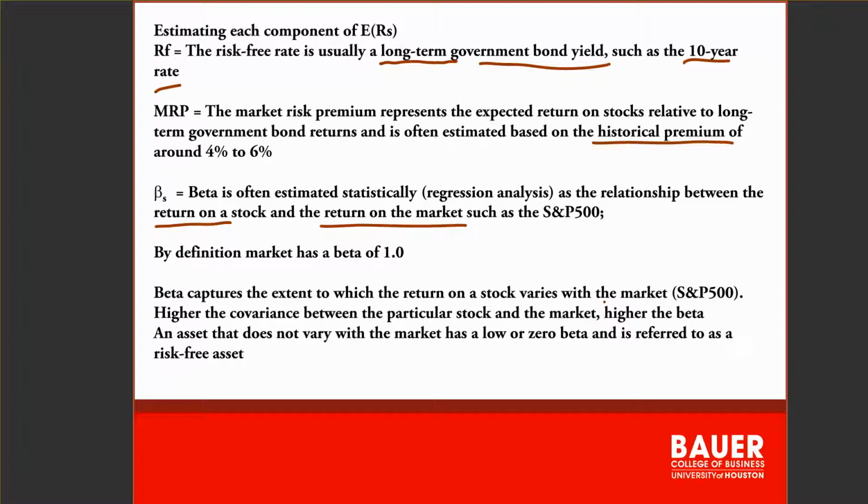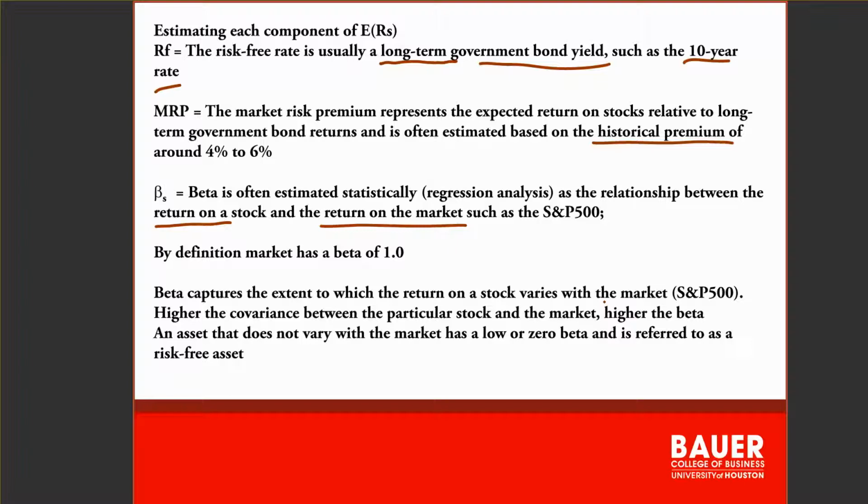Because when the market does really well, people don't necessarily eat more burgers. They probably go eat at fancy restaurants. So it goes up by less than 10%. But when the market goes down 10%, McDonald's doesn't change very much. It goes down by only 2%. So in this case, we would say that this stock does not have too high a covariance with the market, doesn't seem to move as much with the market.